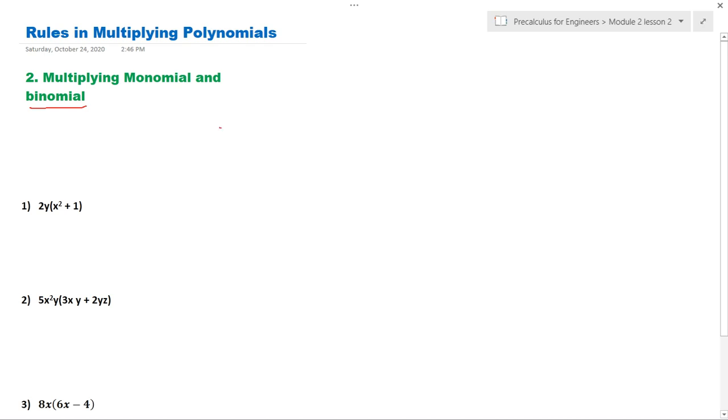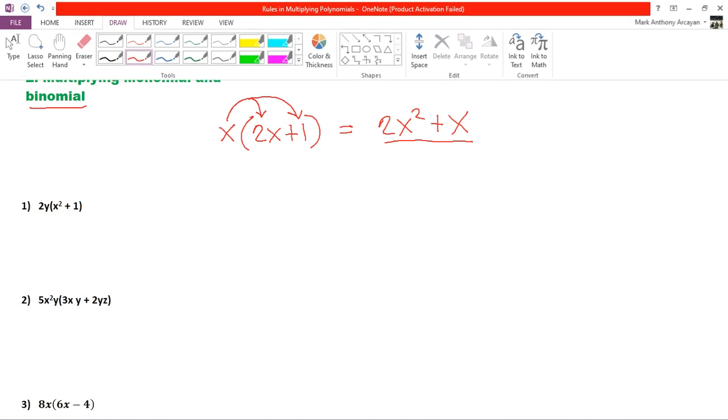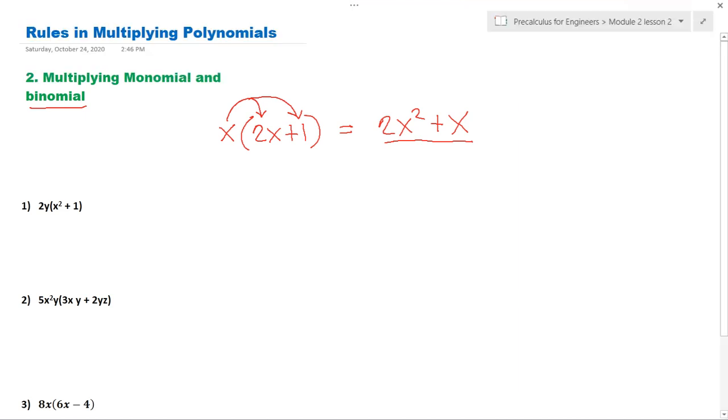If you have a monomial x multiplied by a binomial, 2x plus 1, just distribute this monomial to both terms inside the binomial. So we have here 2x squared plus x. So that is just the result. This is how to simplify a monomial and a binomial that are multiplied with each other.